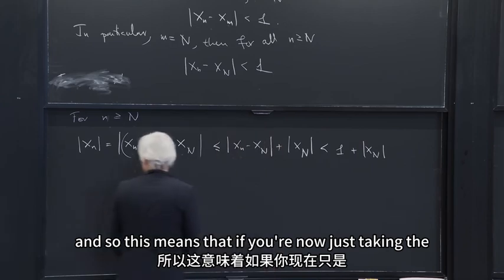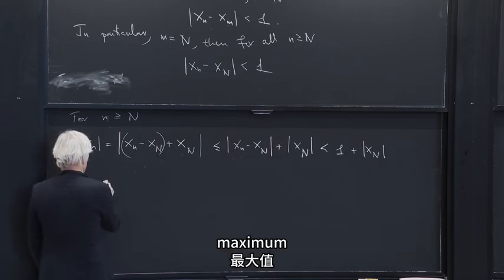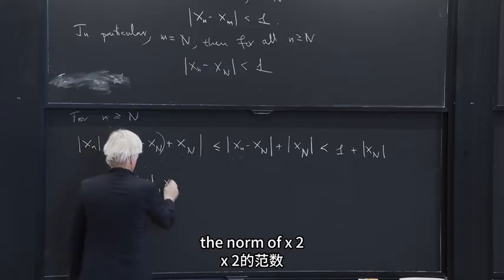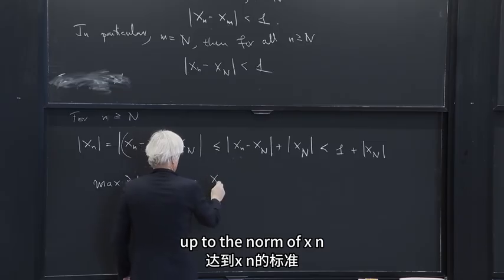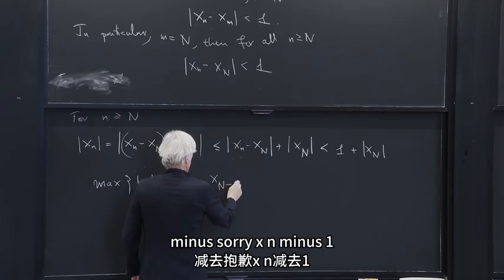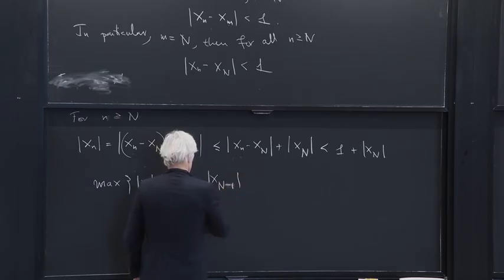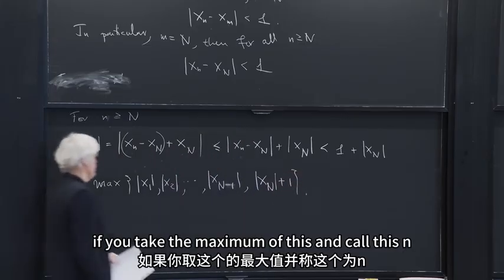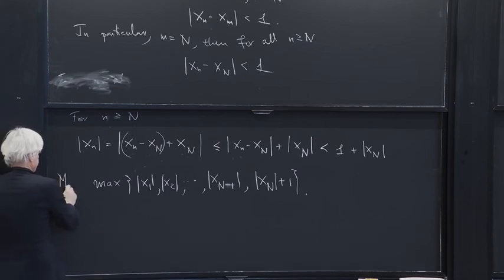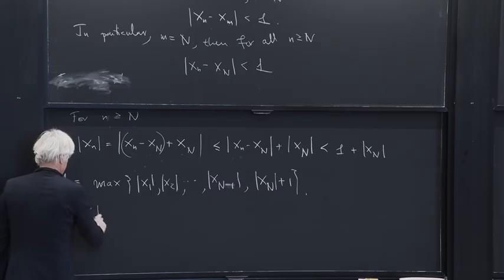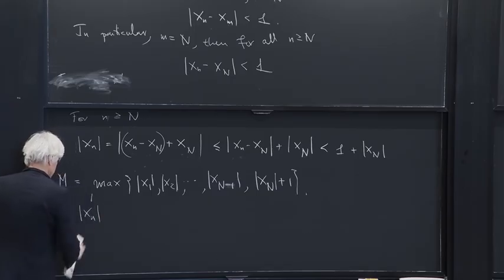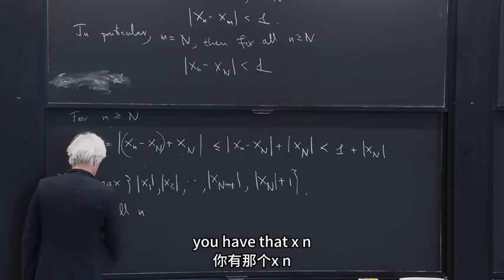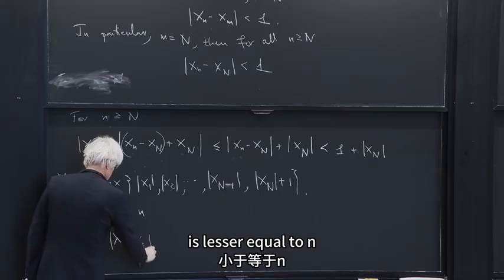And so this means that if you're now just taking the maximum of the norm of x1, the norm of x2, up to the norm of x_{N-1}, and then x_{N+1}, and call this M, then clearly for all n, you have that the norm of xn is less than or equal to M.